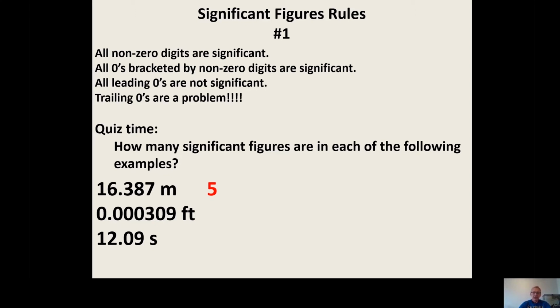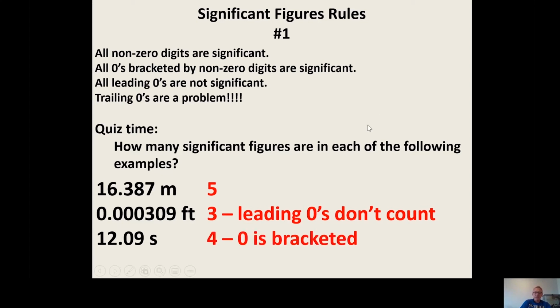So the 1, the 6, the 3, the 8, the 7 are all significant. So 5. The second one, 3. The zeros in the front are leading zeros. Leading zeros are never significant. Okay. And the last one, there's 4. The zero between the 2 and the 9 is bracketed by the 2 and the 9.